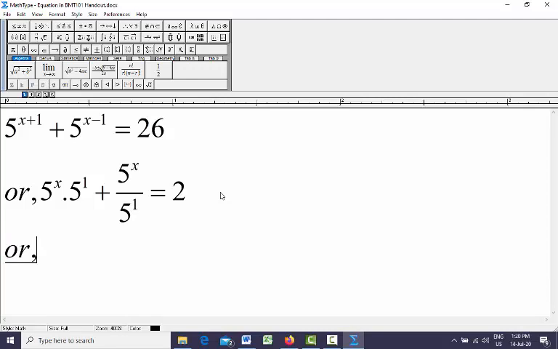Now we can take 5 to the power x common, right?